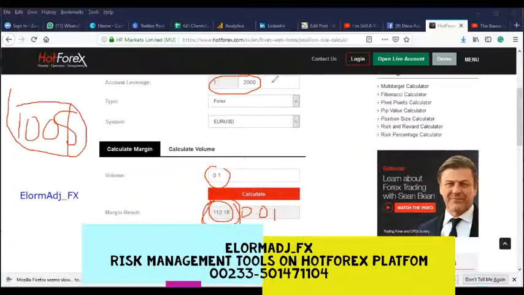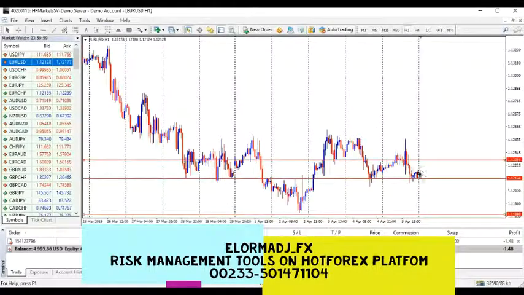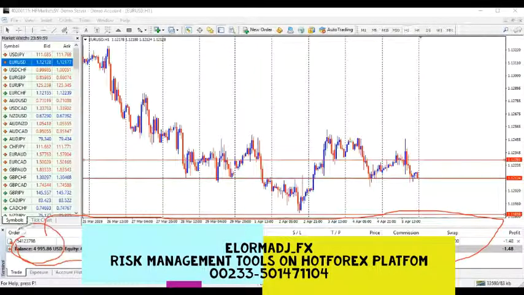So where can you find those things? Let me show you. So here we are. When you open a trade, you'll see things like this. When you go to the terminal, you will see your balance, your equity, your margin, your free margin, and your margin level.